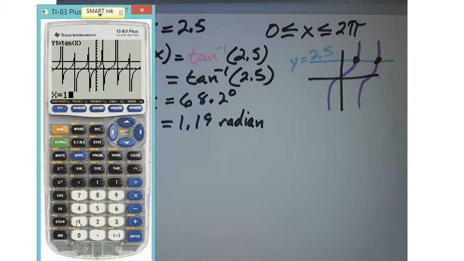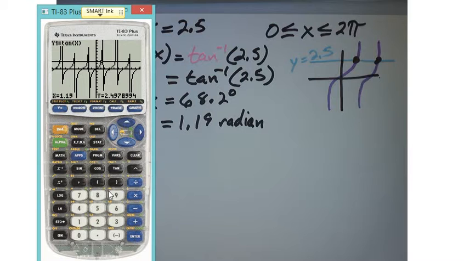So if I enter in 1.19, and remember we rounded the answer on the calculator, my y value should be pretty close to 2.5, okay? Now what I need to do is figure out this next intersection right here. So what would you guys guess I could add to my 1.19 to get that answer?